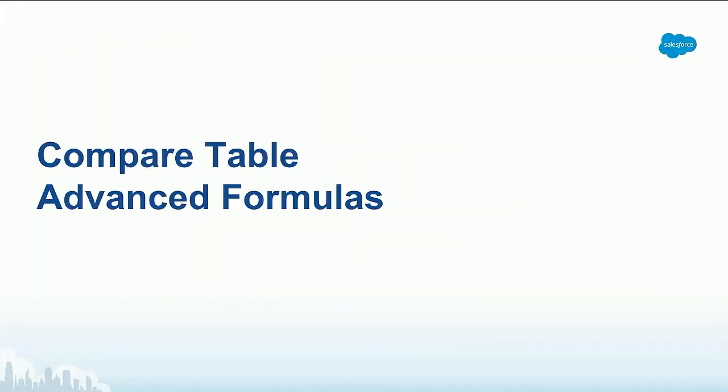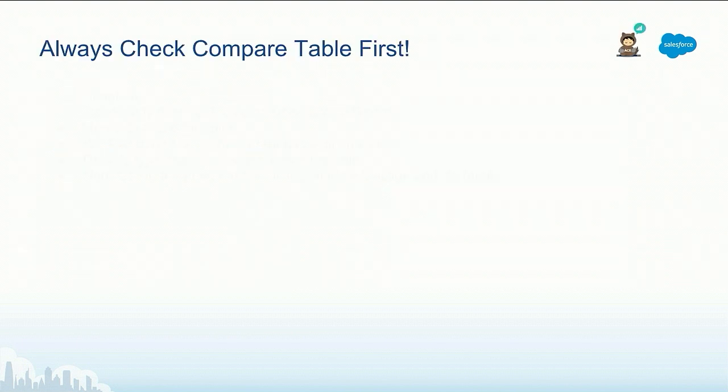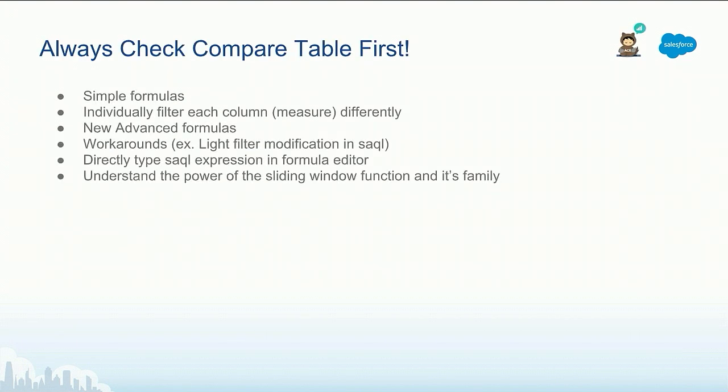Now, before we dive into SAQL editing, just as a reminder, from a designer perspective, you should always stop at the compare table and try to figure out things there. For example, the compare table can give you a lot of formulas, not just simple formulas, but also advanced formulas.